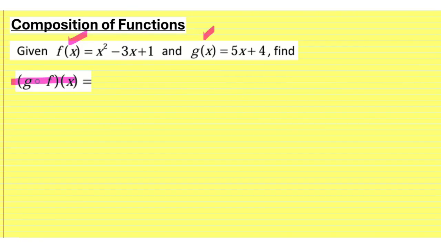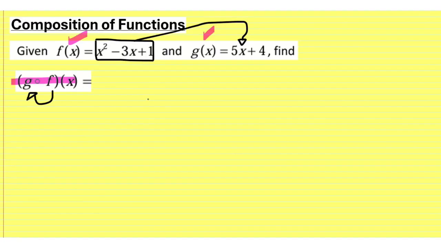Okay, so this one says that we're going to put the f function inside the g function. So I'm going to take this f function and I'm going to put it inside the g function. So it's going to end up being 5 times my quadratic of x squared minus 3x plus 1.